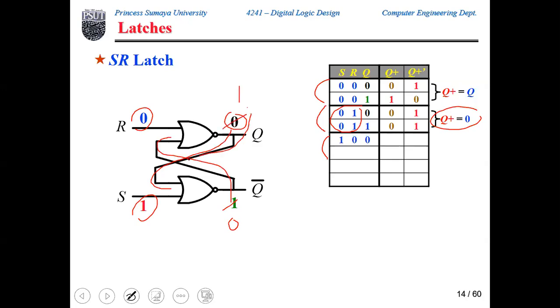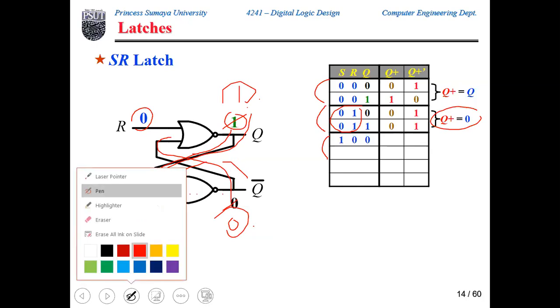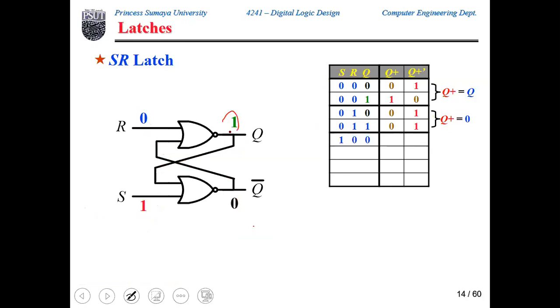If you take this back, you will see that you reached a steady state value. 1 or 1, 1 complement 0, 0 or 0 complement 1. So this will keep repeating. We reach a steady value, which is Q equals 1 and Q bar is 0. So Q plus, or Q of t plus 1, the new value that will appear on Q, is 1.